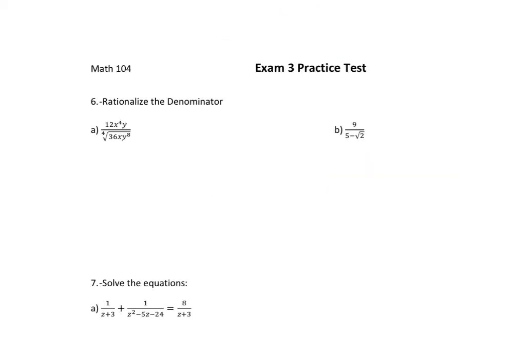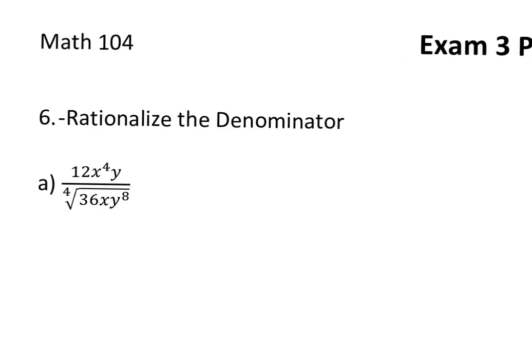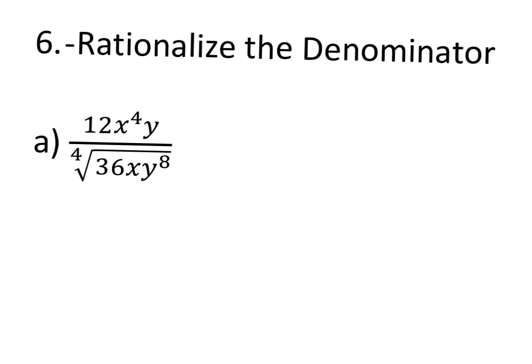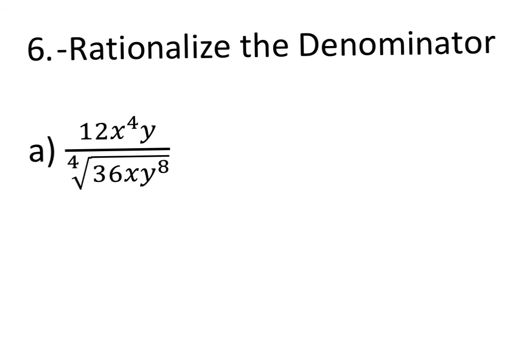Okay, let's take a good look at question 6. We need to rationalize the denominator. That is particularly hard for this our first question. We want to multiply the top and the bottom by the 4th root of something so that I have a perfect 4th power in my denominator. So right here, this 36 is 6 squared. I have x, y to the 8th.